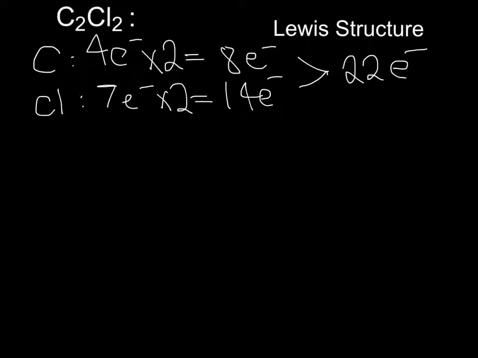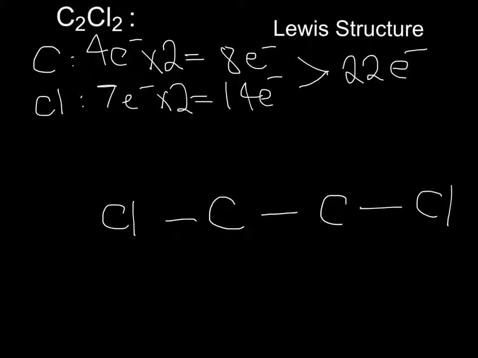So to draw the Lewis structure, we would have to start with a carbon in the middle. That's because that's our central atom for this one. And it seems like we do actually have more than one central atom, and each one of those carbons is going to be attached to a chlorine.